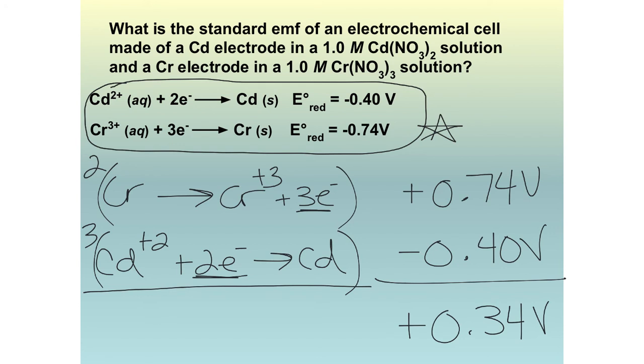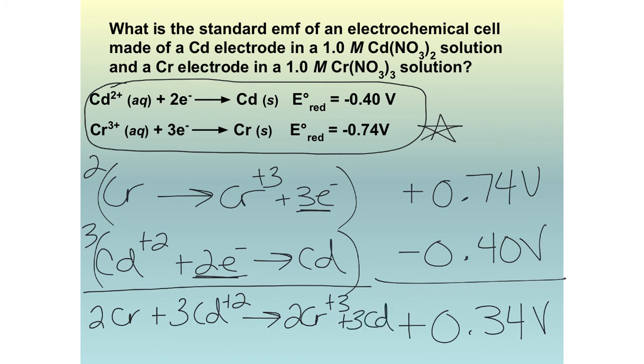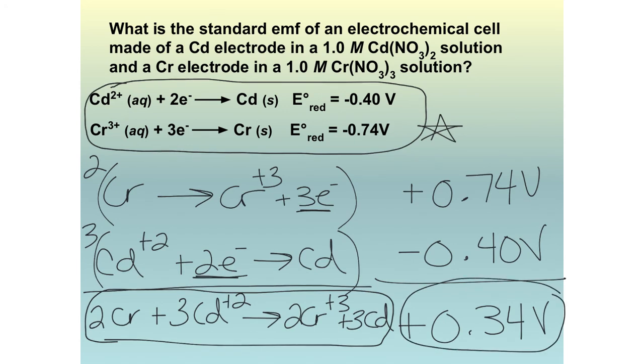So my overall reaction, had they asked me for that, would be 2Cr plus 3 of the cadmium ions produce 2 of the chromium ions and 3 of the Cd metals. Remember, changing the coefficients does not change the voltage, so that's going to stay at 0.34.